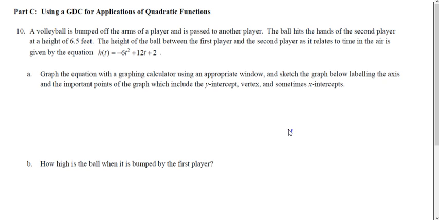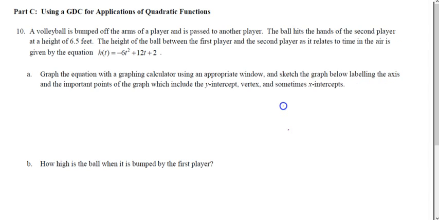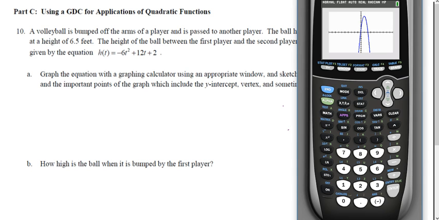Sketch the graph below, labeling the axis and important values. Okay, so here's our graph. We want to go from time 0, so I don't care about anything out here. 6.5 feet, so 1, 2, 3, 4, 5, 6. Now, an interesting question here is, did it go up all the way and then come back down to 6.5 feet?